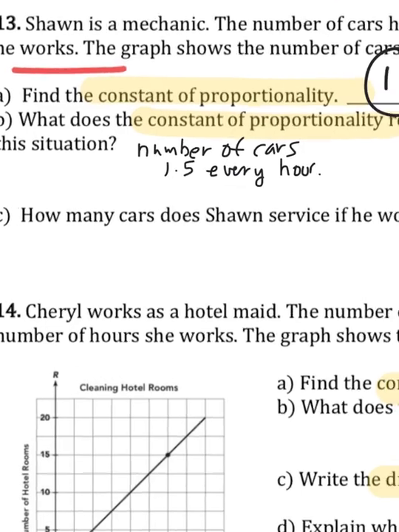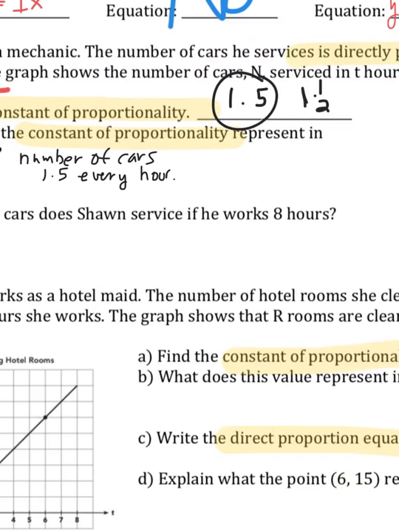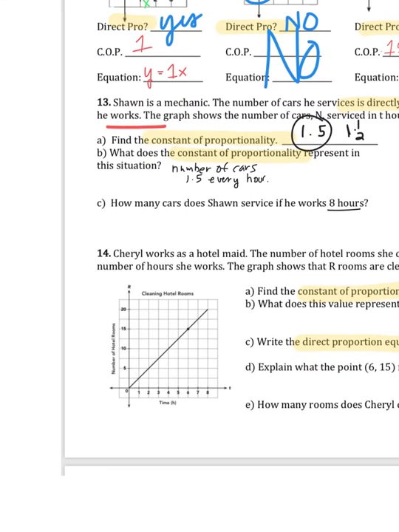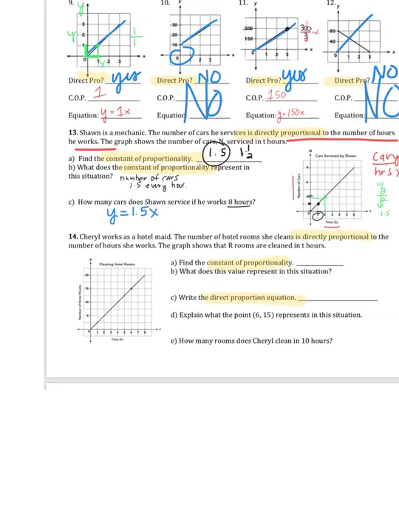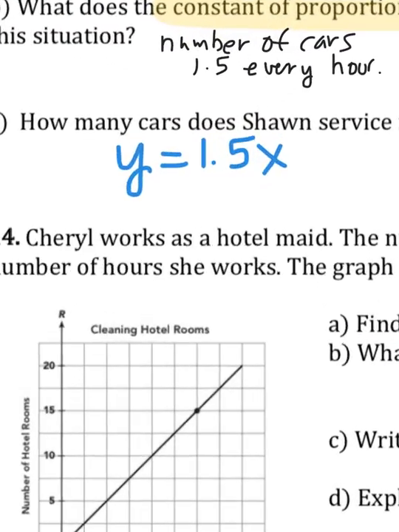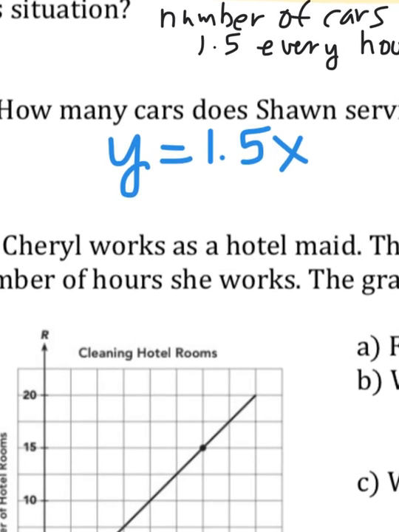So how many cars does Sean service if he works 8 hours? So we would use our equation, y equals 1.5x, and x was hours. So we need to do 8.